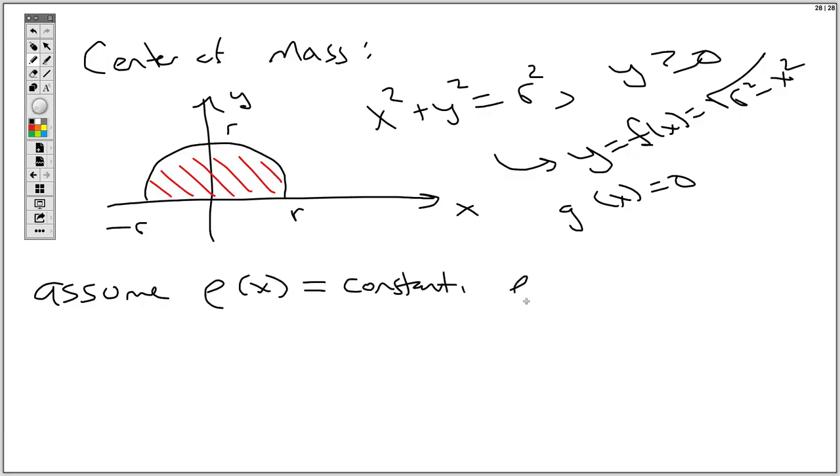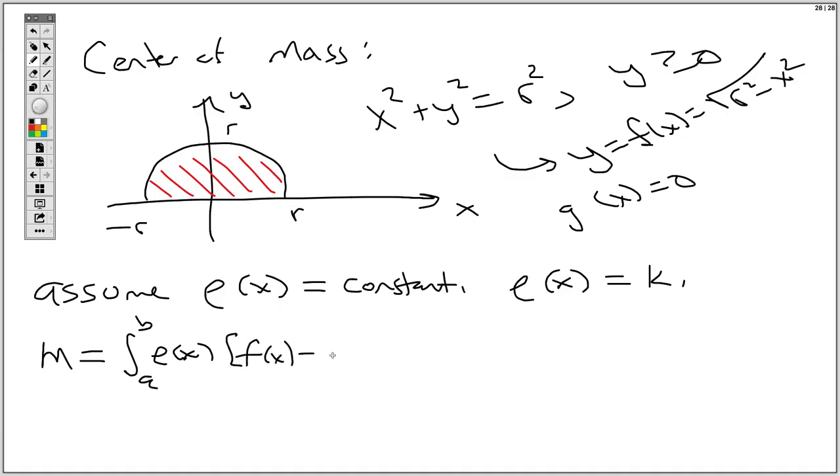All right. So we'll write that as rho of x equals k. To find the mass of this, I would integrate from a to b of rho of x times f of x minus g of x dx.